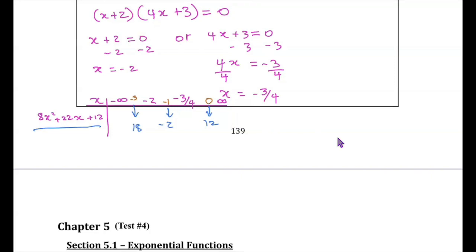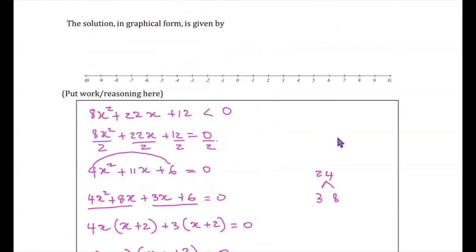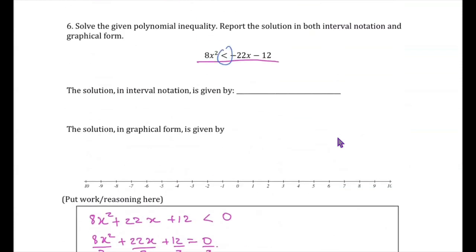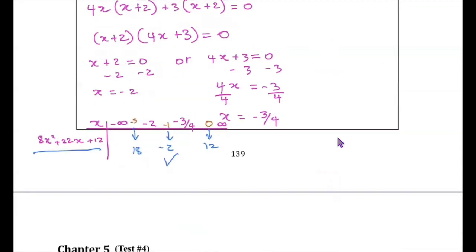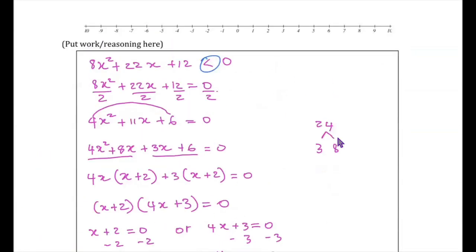Then we only consider the one that's negative because we were solving for the expression to be less than 0 here. So your solution is, and we're not including the endpoints because we're solving only when it's less than 0.